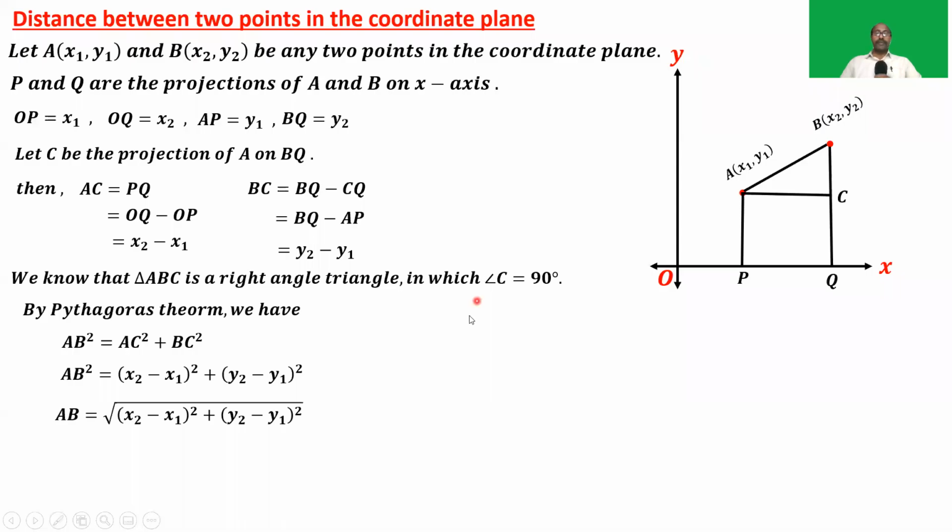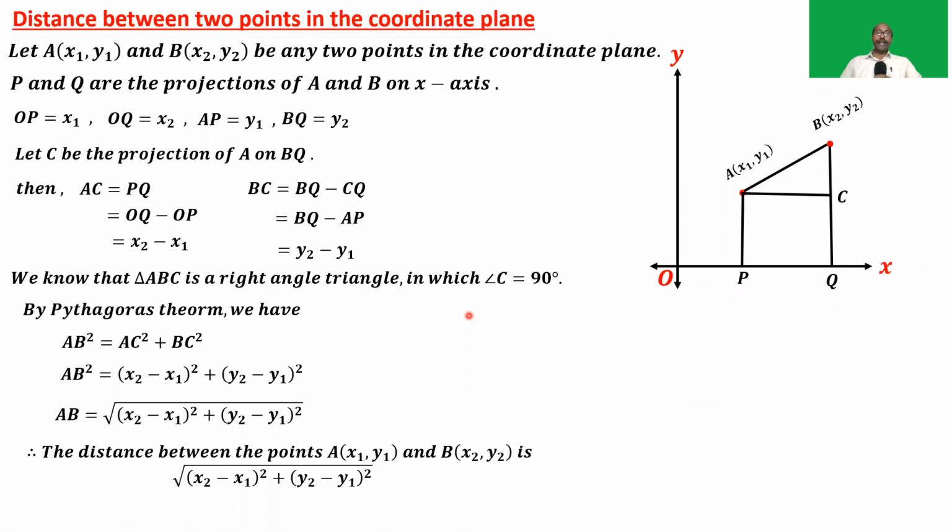So the distance between the points A, x1, y1 and B, x2, y2 is under root x2 minus x1 whole square plus y2 minus y1 whole square. Using this formula, we can find the distance between any two points in coordinate plane. Here we can take as x1 minus x2 whole square plus y1 minus y2 whole square also.